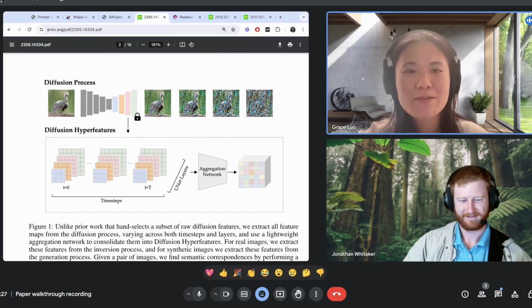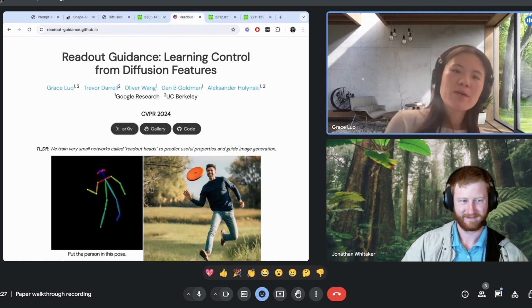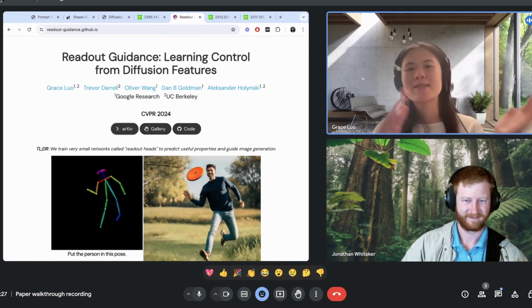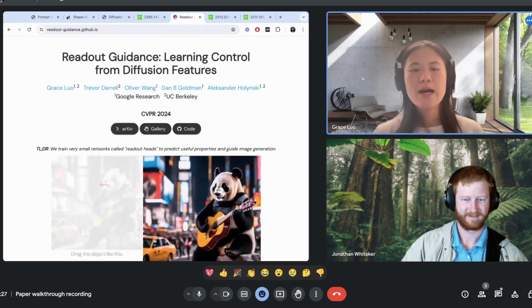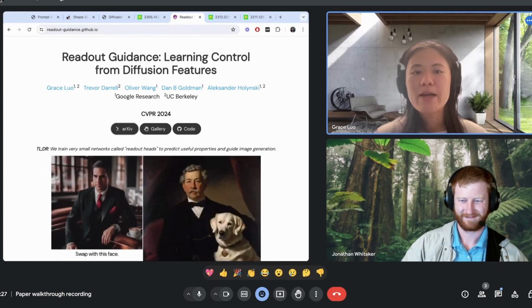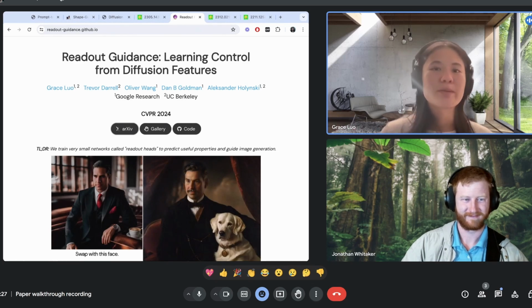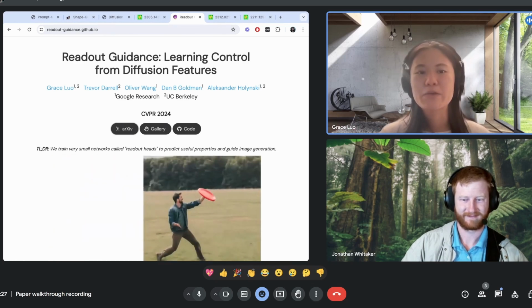Okay, cool. So finally, I can go into our Readout Guidance paper, which is a culmination of a lot of these ideas: the first paper was trying to do this editing task, the second paper was trying to do this more discriminative task. With Readout Guidance, we found that diffusion models are really great at these discriminative tasks. They have really great features.